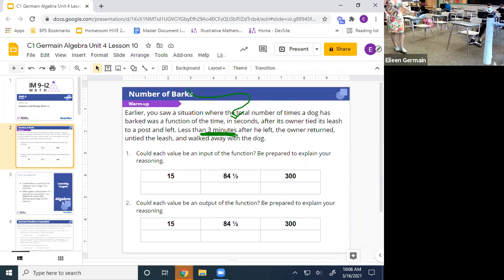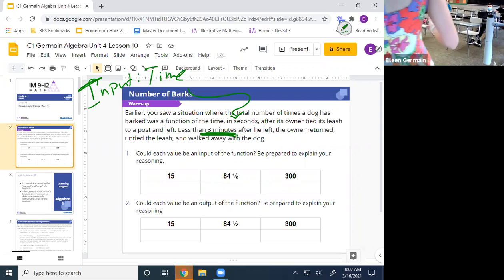Okay, so if we're thinking back to that dog leash, what was our input measure? What was our label for our input? Go ahead. Time. In what? Seconds.